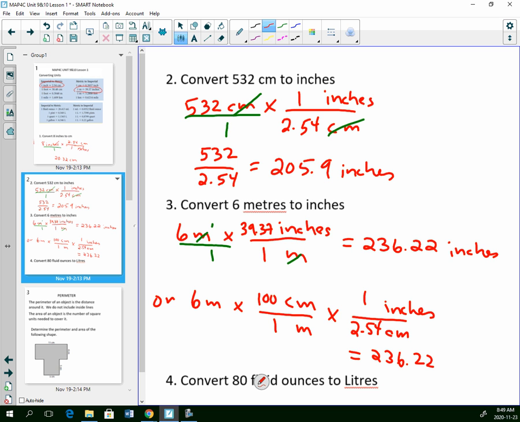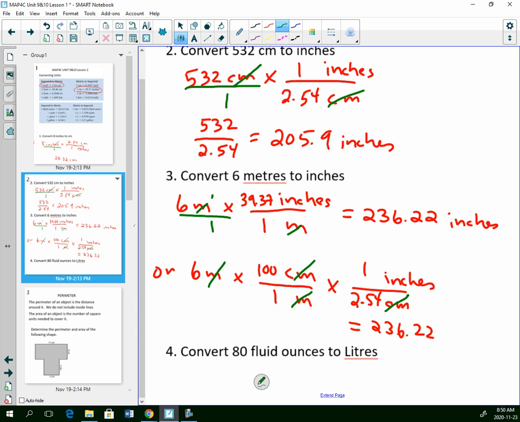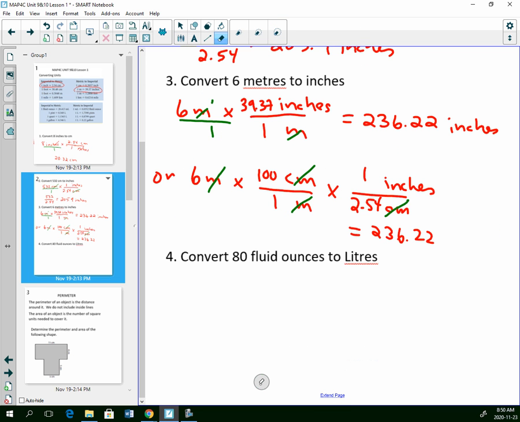And I'll end up with the same thing. Depends on the conversions that you have, whether you can do it in one step or more than one step. Meters would cancel with meters, centimeters would cancel with centimeters, and then I'll end up with inches. So depending on the conversion chart, if you don't have the direct conversion, you can do it in more than one step.